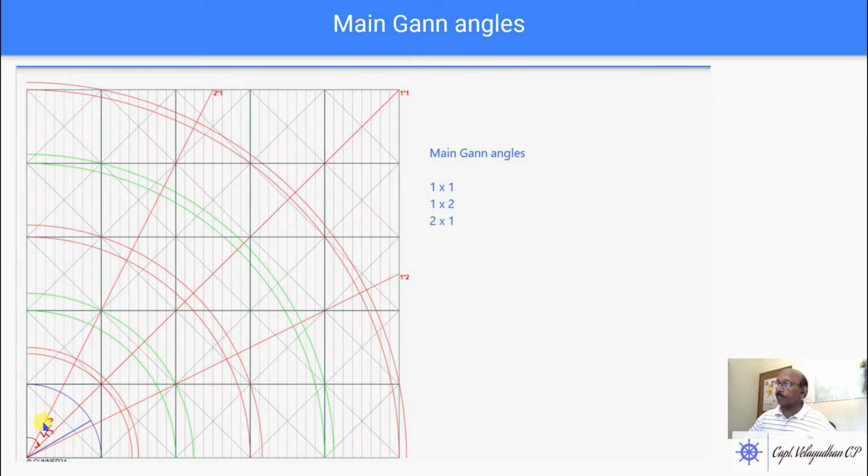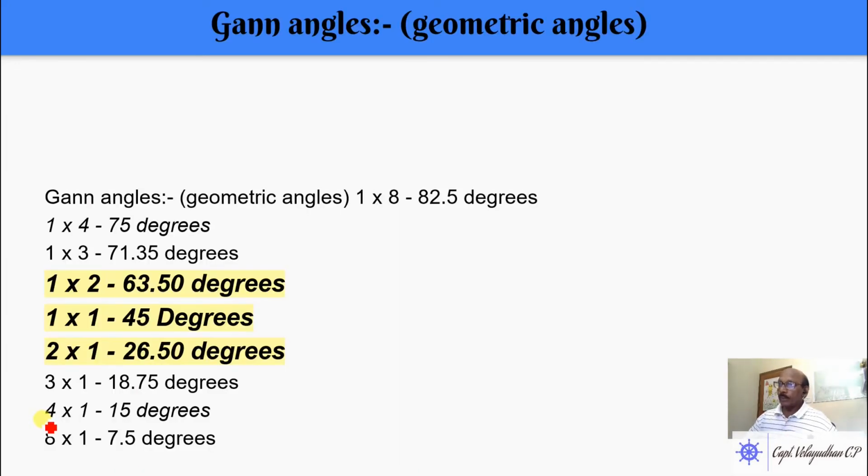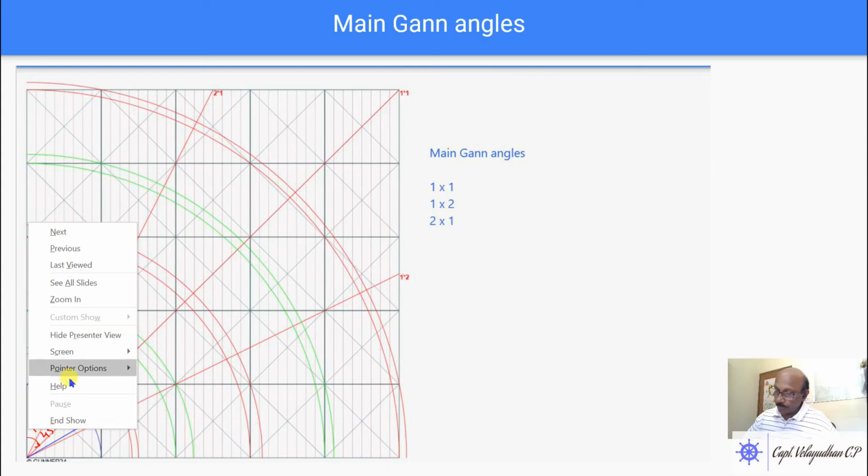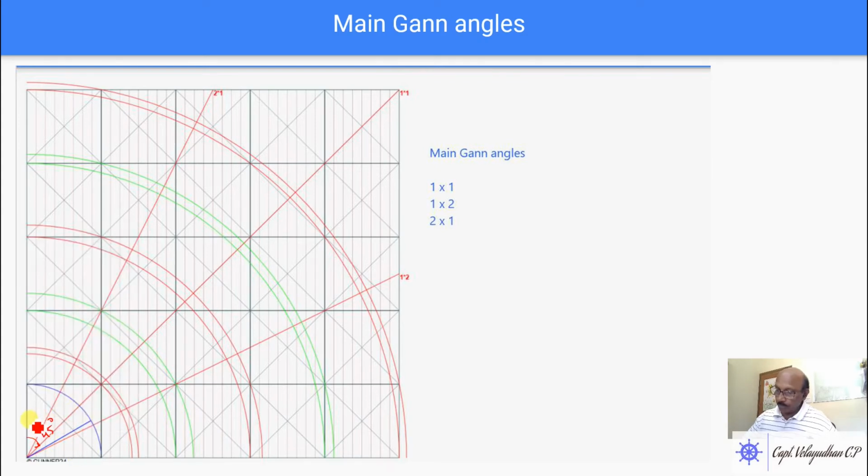And the lesser angle, as I said, 26.5 degrees, this angle is the 2 by 1 angle.